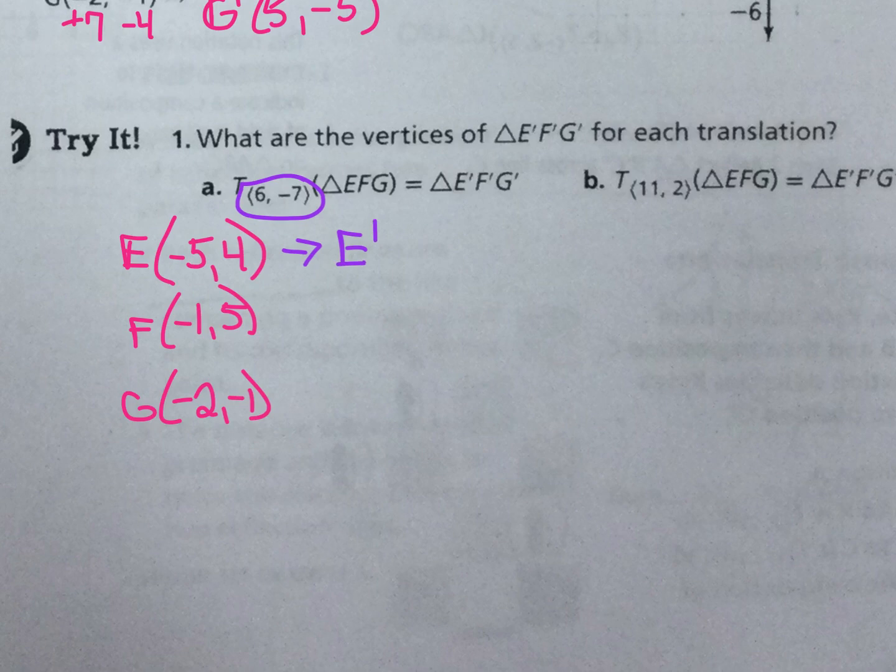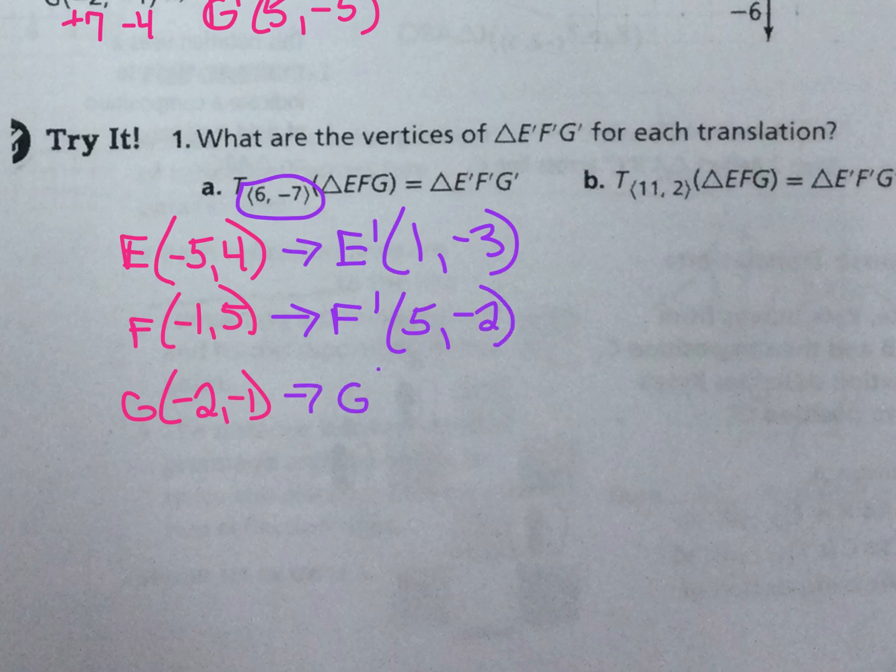E prime would be at, if I add 6, I get 1, subtract 7, I get negative 3. F goes to F prime. I'm adding 6, and I'm subtracting 7. G prime, I'm adding 6 and subtracting 7. And that's all there is to that.